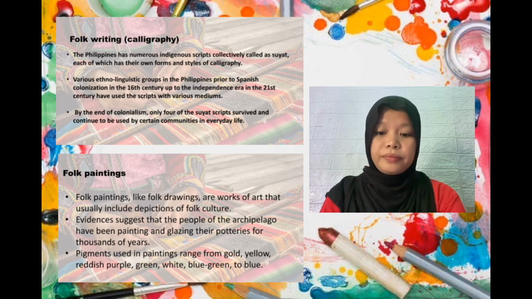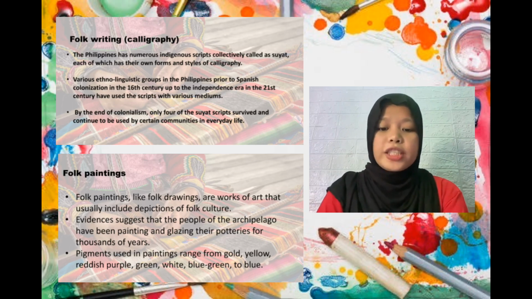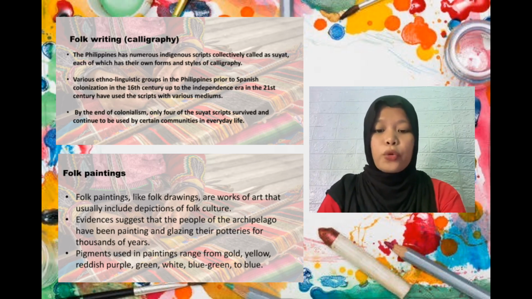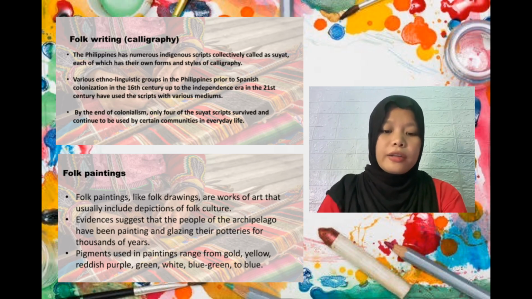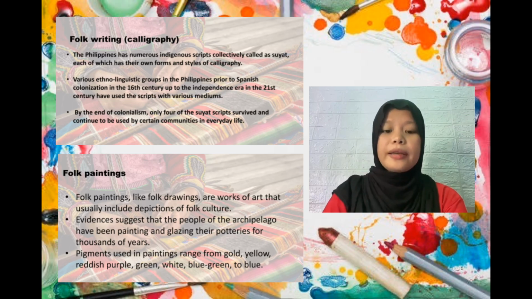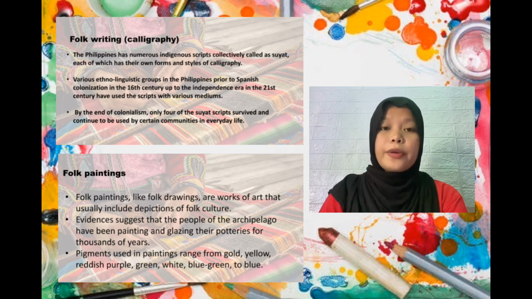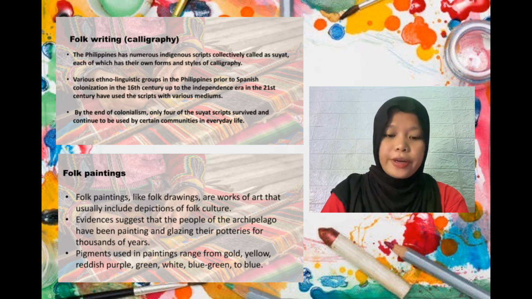So now let's move on to folk paintings. Folk painting, just like folk drawing, are artworks that usually show or represent folk culture or the traditions of different groups in the Philippines. According to historical evidence, the people in the archipelago have been painting and glazing their pottery for thousands of years.